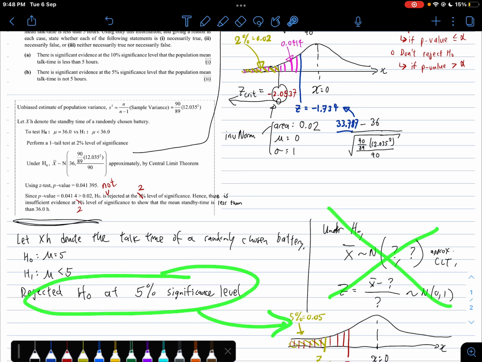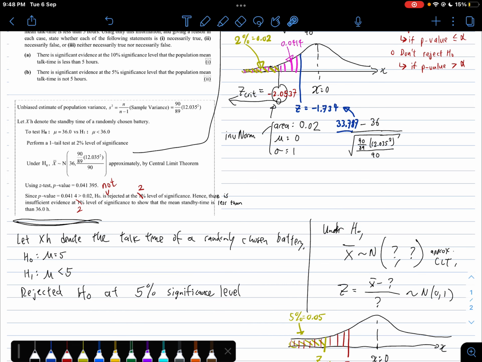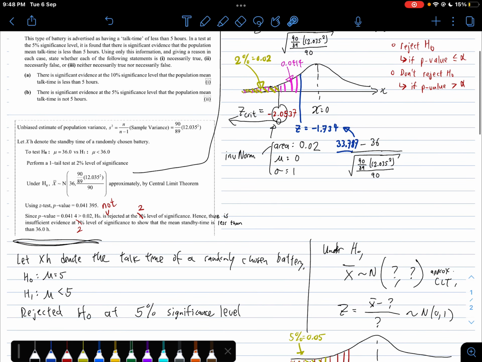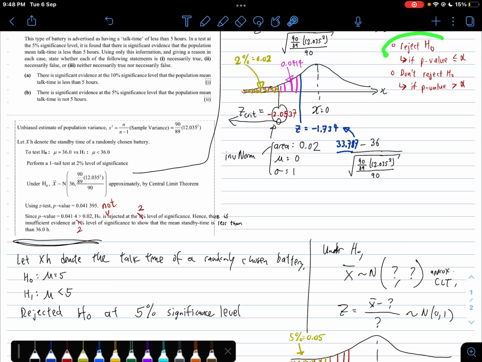So let's go over to the graph. Just in case I'm wrong, let me refer to this. Reject H0. When does it happen? If the p-value is less than or equal to alpha. Let me write it down: reject H0 means p-value less than or equal to your alpha.